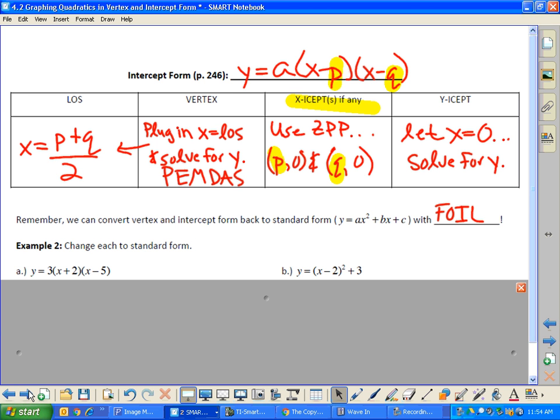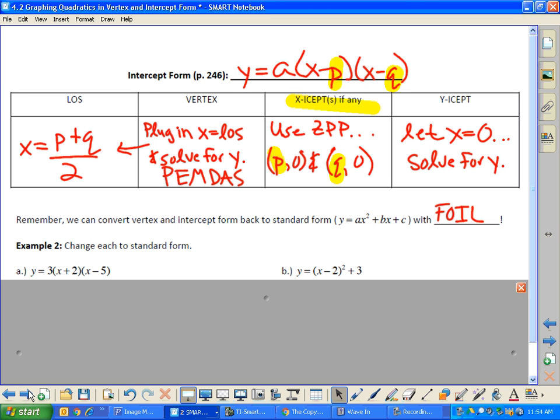You plug in your x value from your line of symmetry, and then you just solve for your y value using the order of operations. And then your y-intercept, you also just let x equal 0 and you solve for y. If you ever run into an instance where you want to switch back and forth between the forms you're learning today and the one you did yesterday, you could just FOIL.